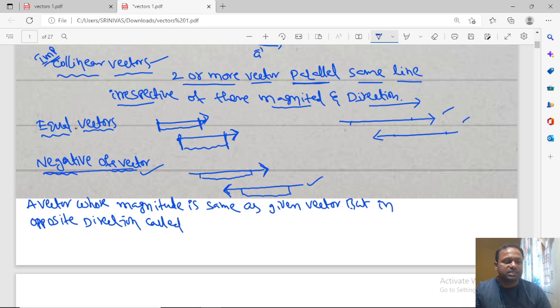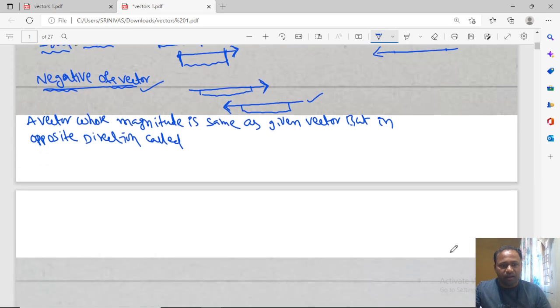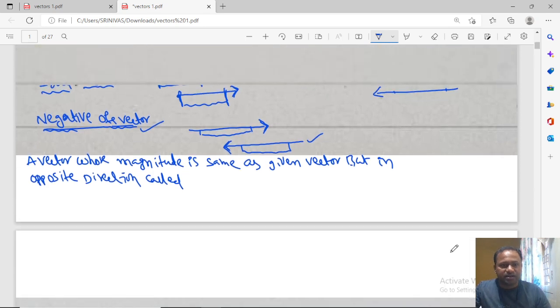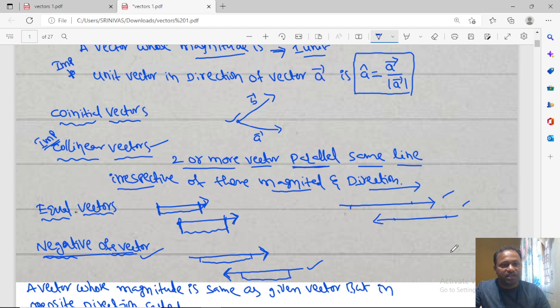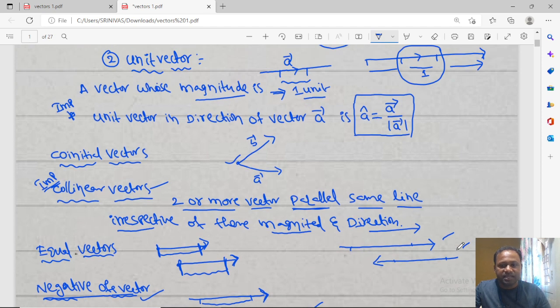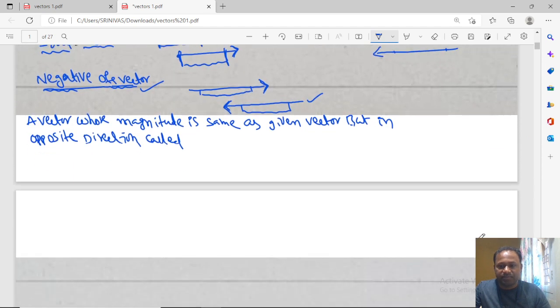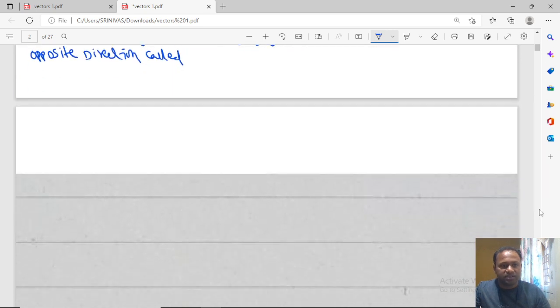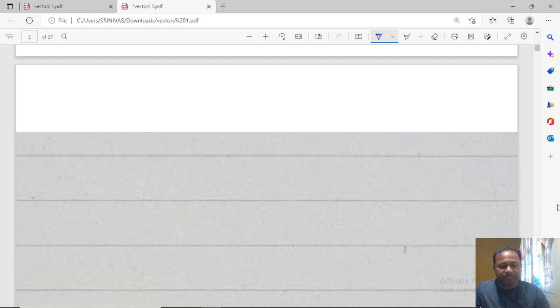So this is about all types of vectors. These are very important and compulsory. One question may come with a choice in the annual exam, so you have to prepare very well.